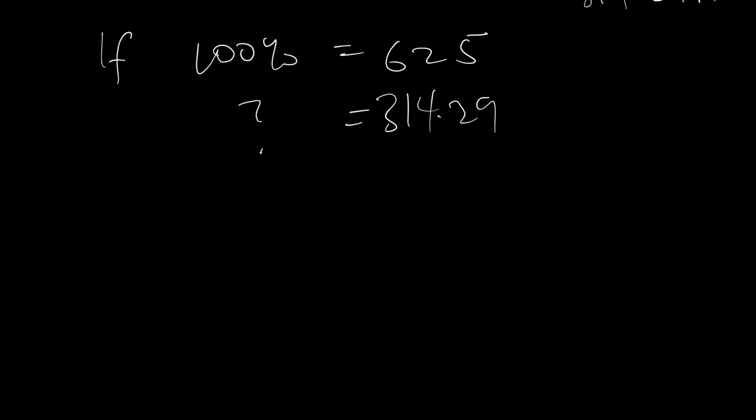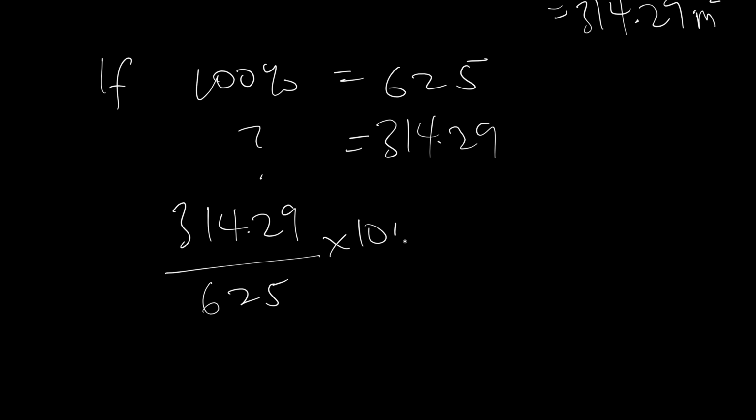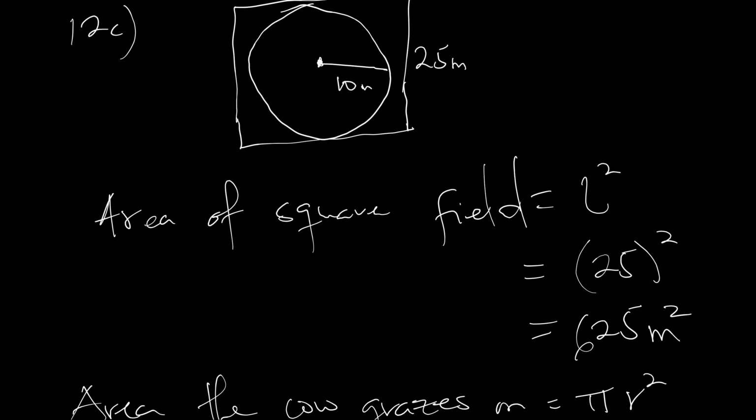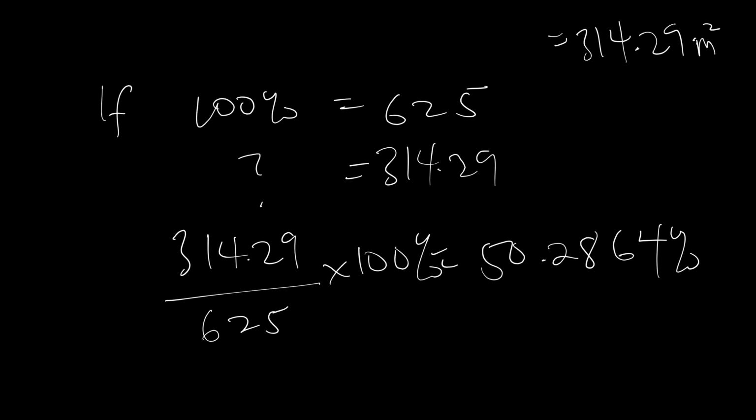So we have 314.29 divided by 625 times 100%. And when you punch this on the calculator, you should have 50.2864%. But then we are being asked to correct to 2 decimal places.